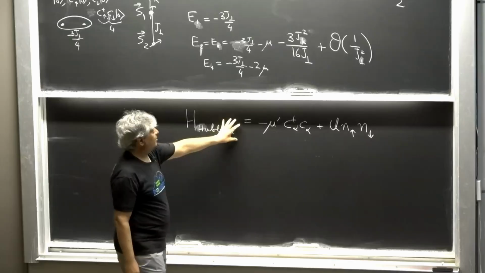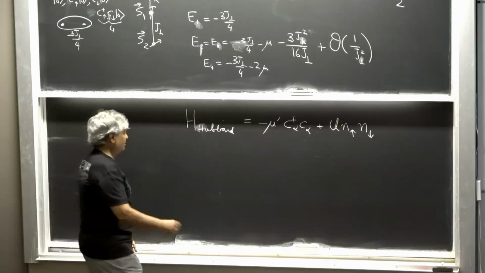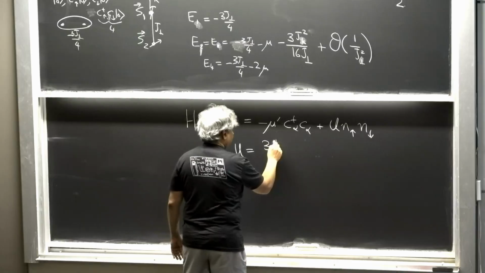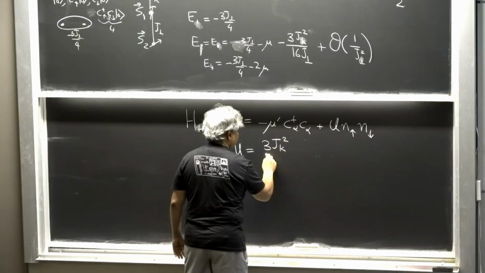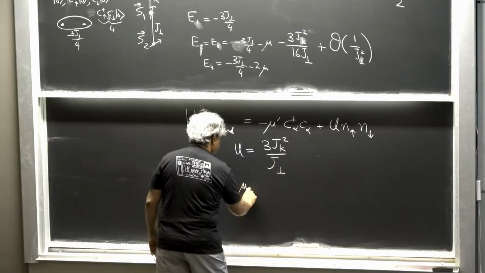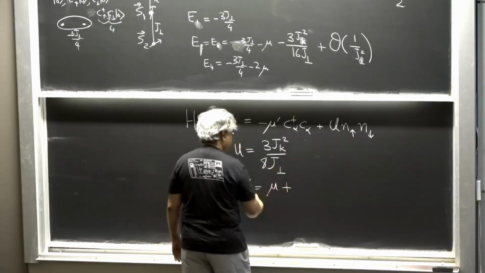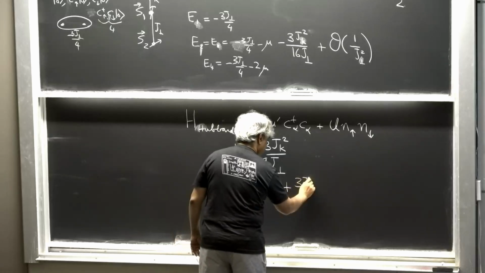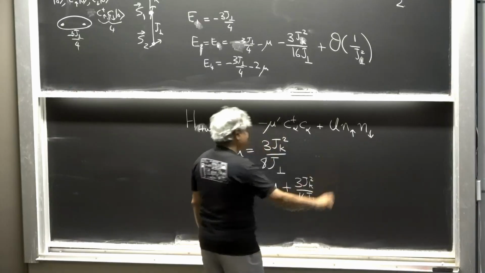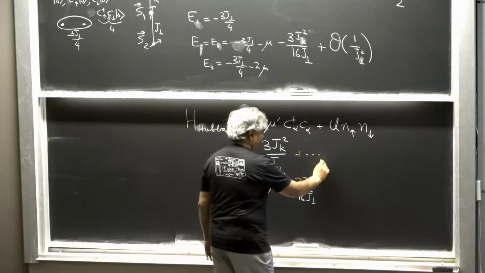So you take those energy levels and you match it to these, and it's a perfect match, provided you choose U to turn out to be 3 JK squared over J perp, and mu prime to turn out to be mu plus 3 JK squared over 16 J perp. Okay, so that's the answer, and of course there are corrections here.